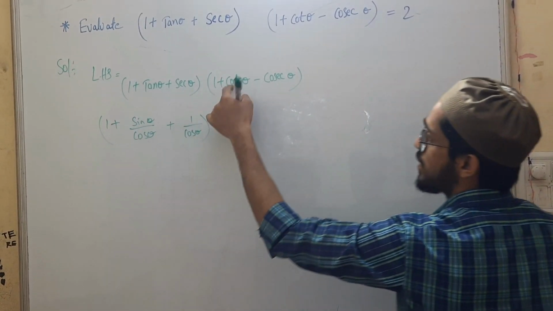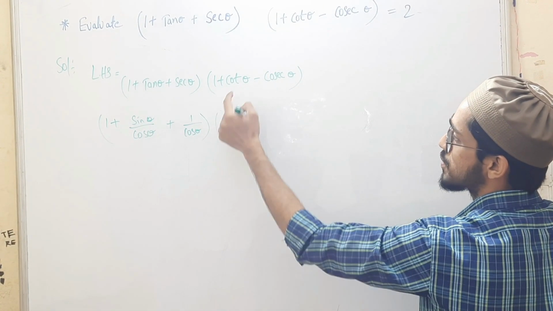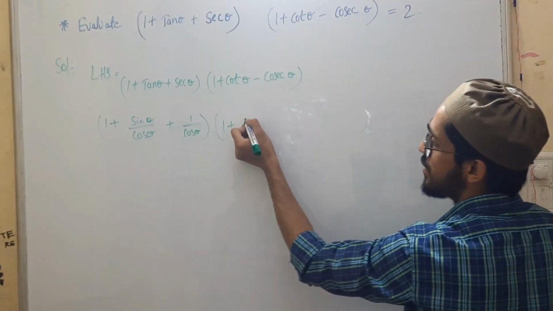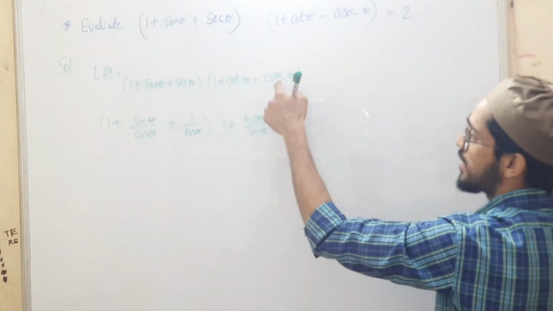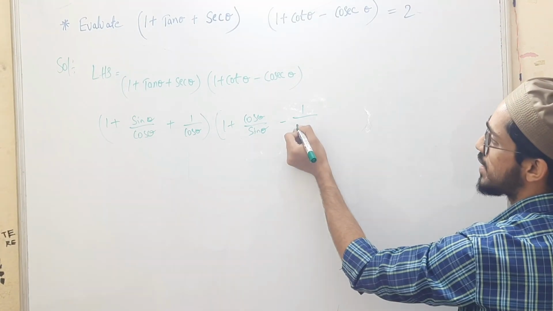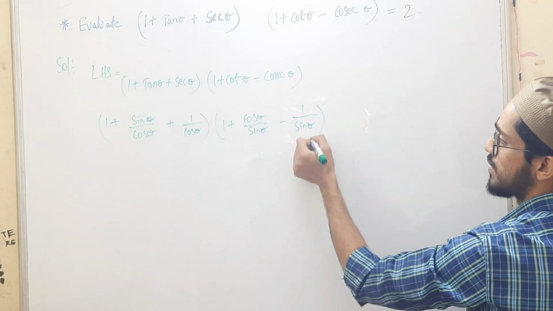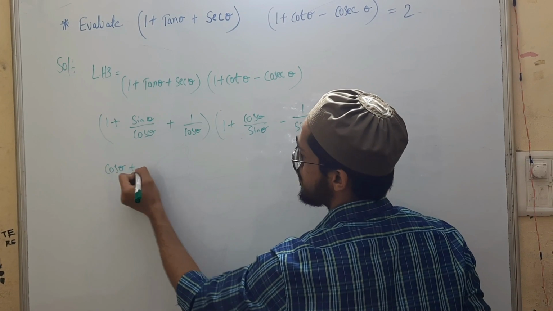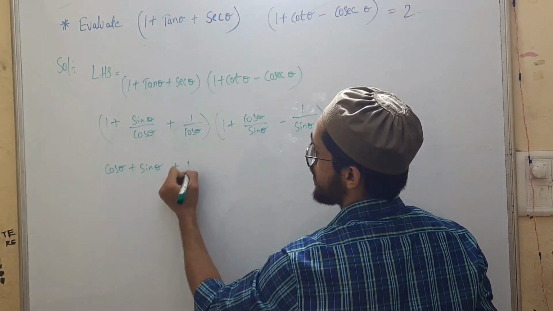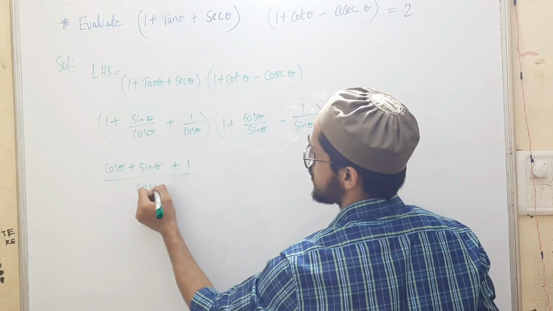Write it like this, into 1 plus cot theta, which will be the reverse of tan. So what will come here? Cos theta by sin theta minus cosecant theta will be 1 by sin theta. Writing it like this, cos theta coming here, cos theta plus sin theta plus 1 by cos theta.